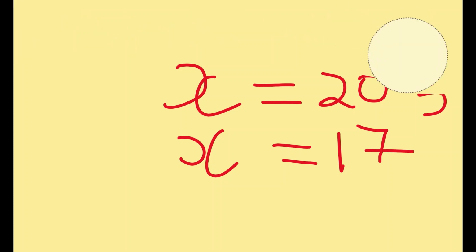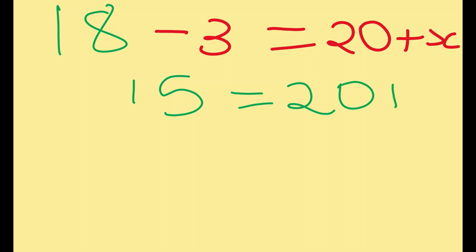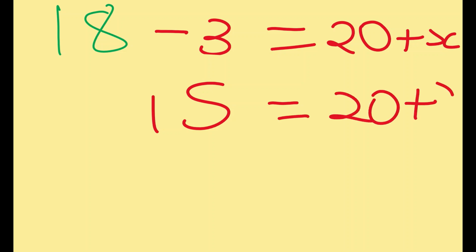Let's take another problem: 18 minus 3 is equal to 20 plus x. 18 minus 3 is 15, so 15 is equal to 20 plus x.